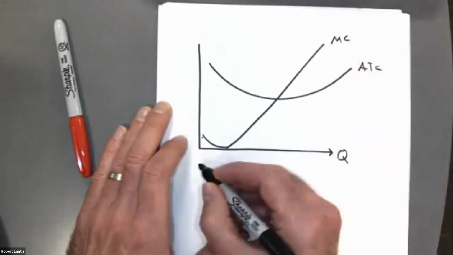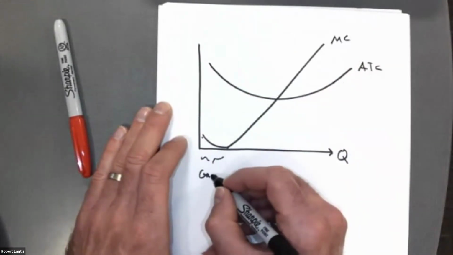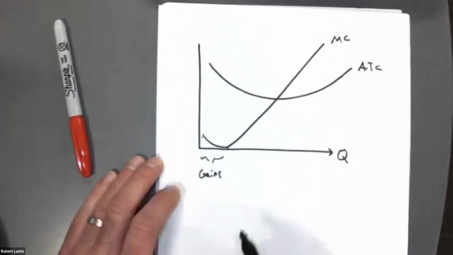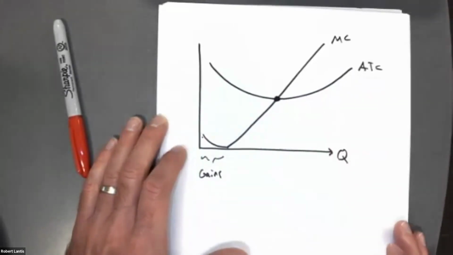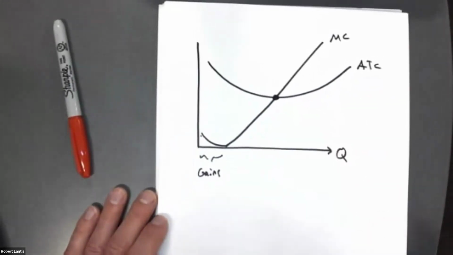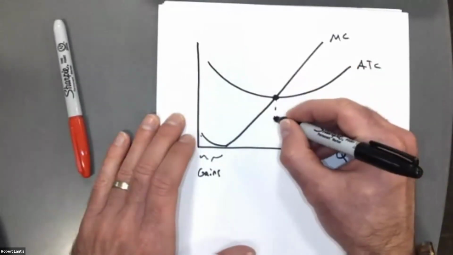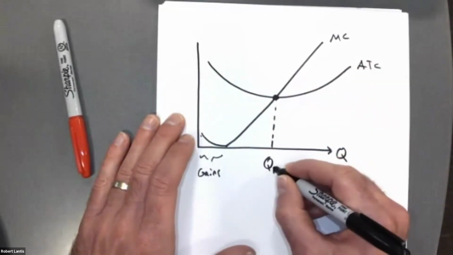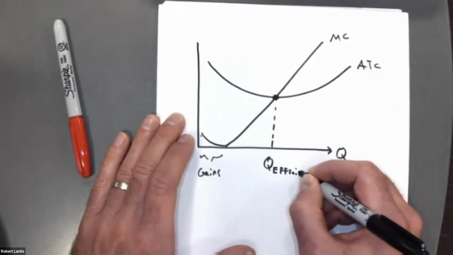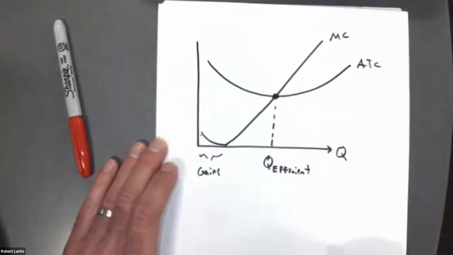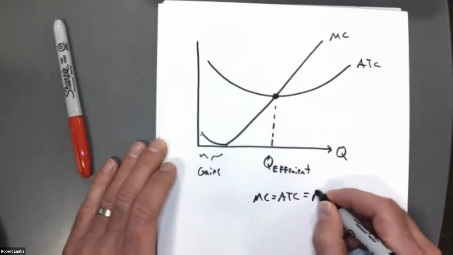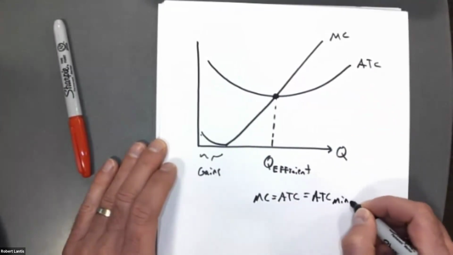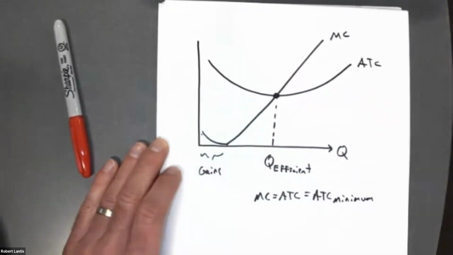Initially, maybe it's decreasing because we have gains from specialization, but eventually it'll start increasing. The point where it is equal to the average total cost, the quantity we would call the efficient quantity or the efficient scale of production, was where the marginal cost was equal to the average total cost, and that was at the minimum of our average total cost curve.